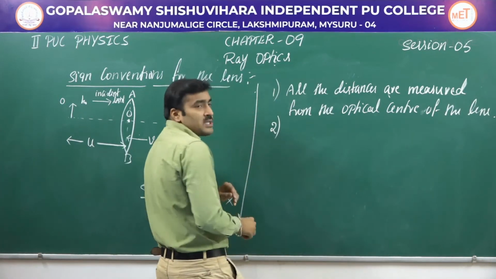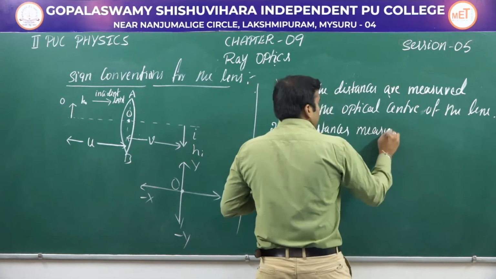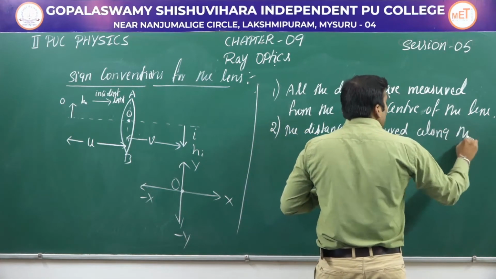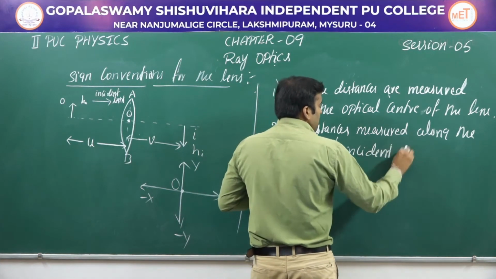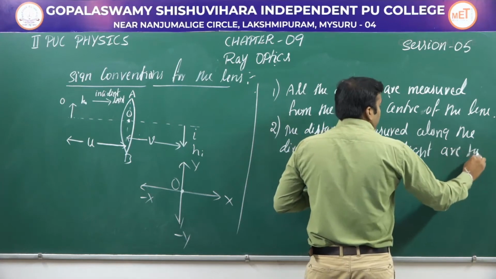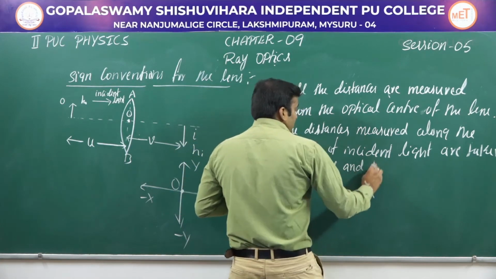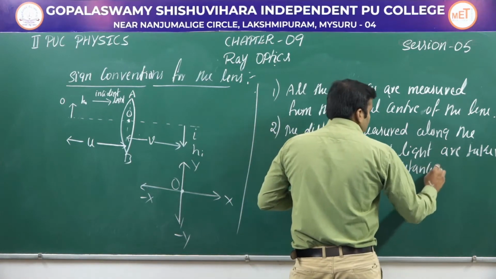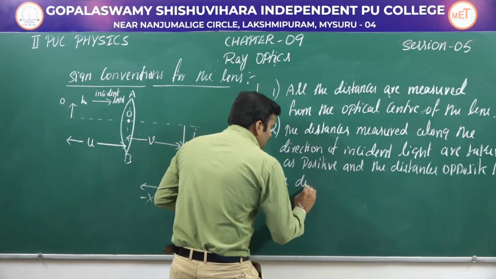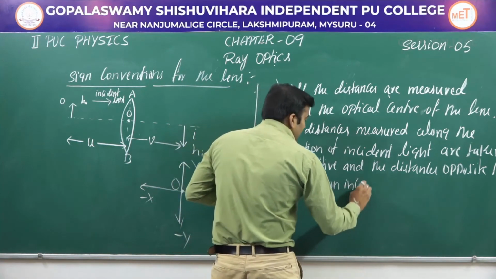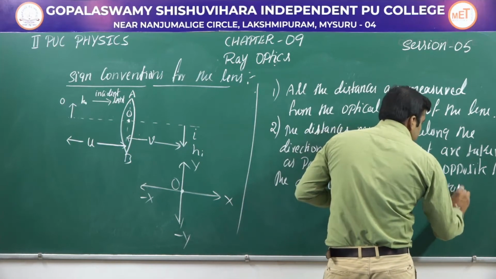The second one is that the distances measured along the direction of incident light are taken as positive, and the distances opposite to the direction of incident light are taken as negative.